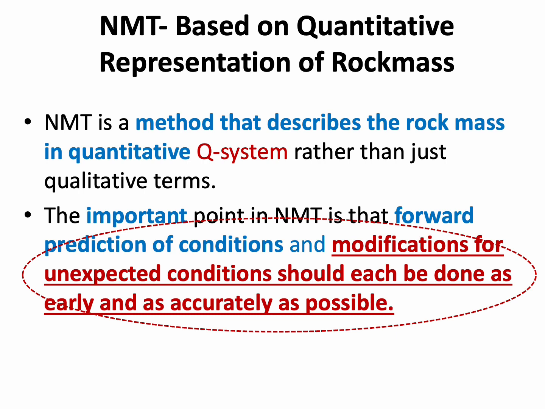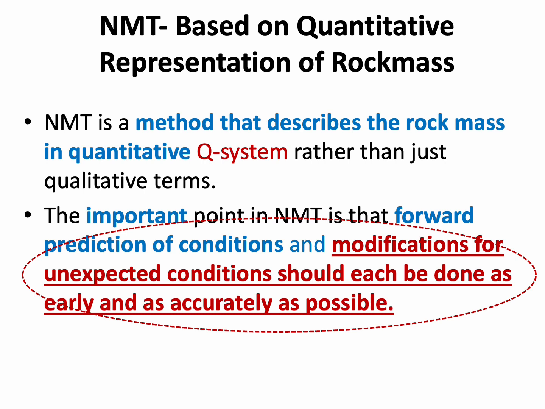NMT is a method that describes the rock mass in a quantitative Q system rather than just qualitative terms. The important point is NMT's forward prediction of conditions and modifications for unexpected conditions should each be done as early and as accurately as possible.